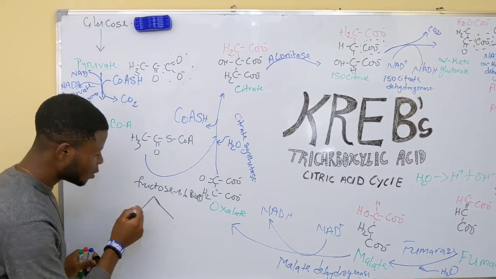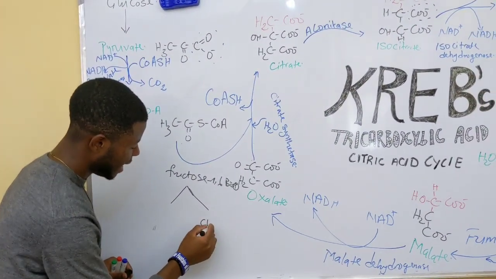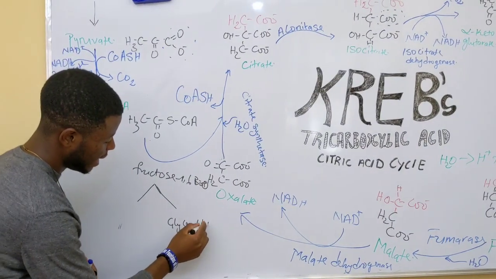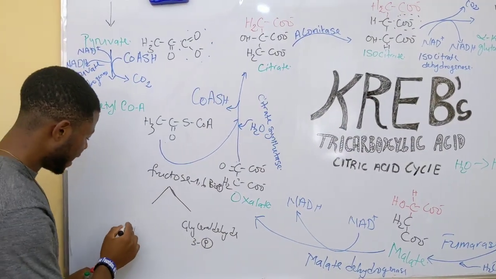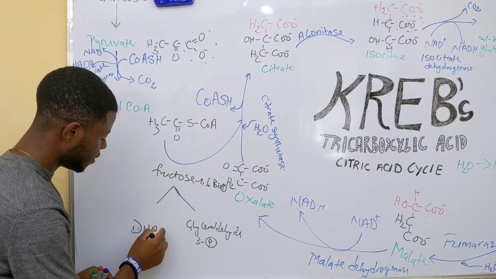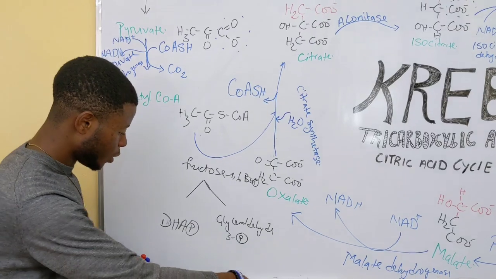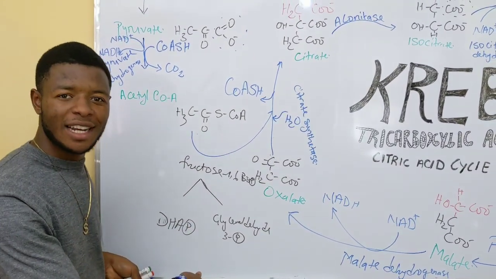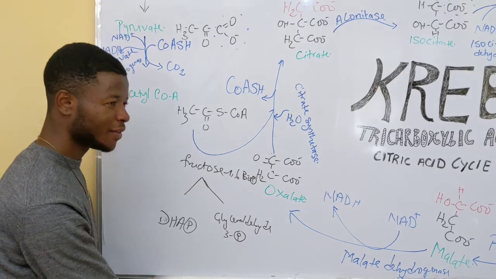It split into 2: glyceraldehyde 3-phosphate and dihydroxyacetone phosphate. This one is running its own glycolytic pathway, while this one is running its own glycolytic pathway. So we are going to have one pyruvate formed from here and one pyruvate formed from here.